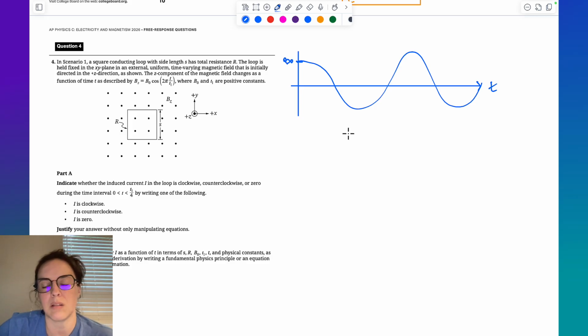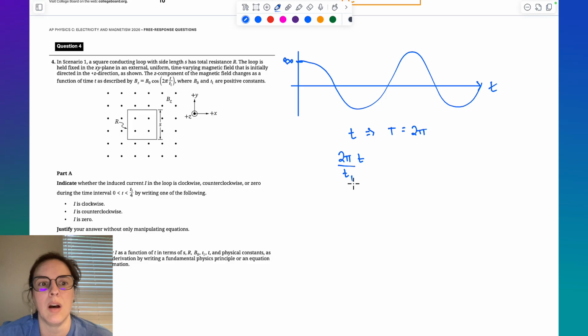Normally, if my guts are t, then the period would be 2 pi. So if my guts are 2 pi t over T1, that tells me that my period is 2 pi over that stuff.